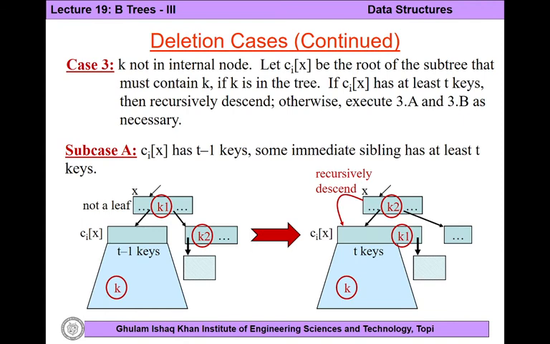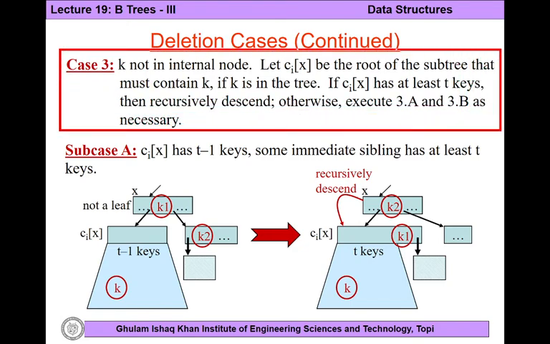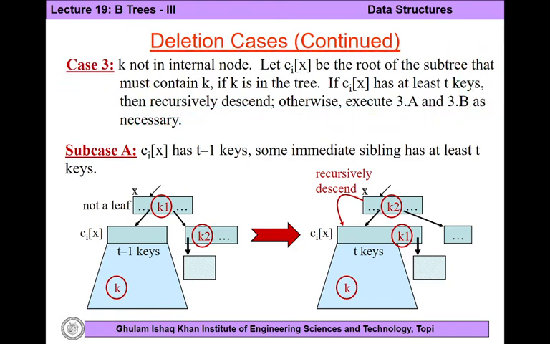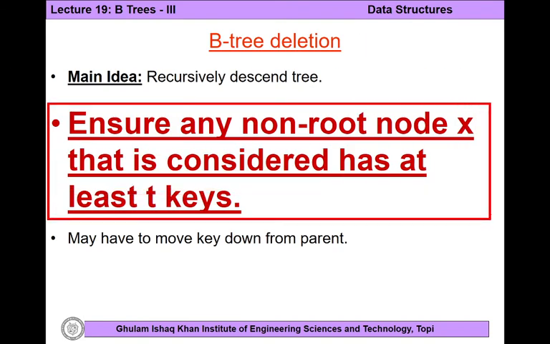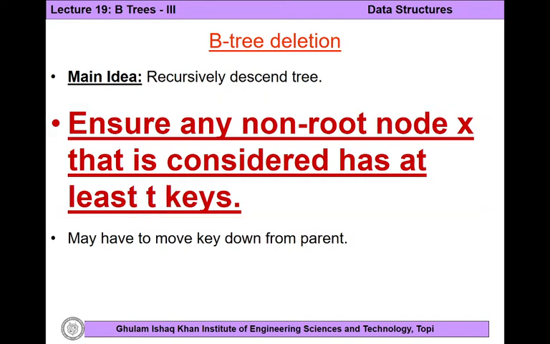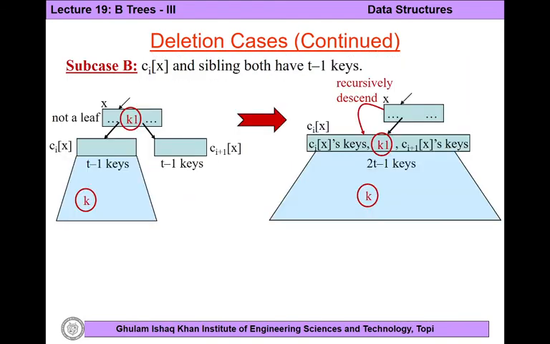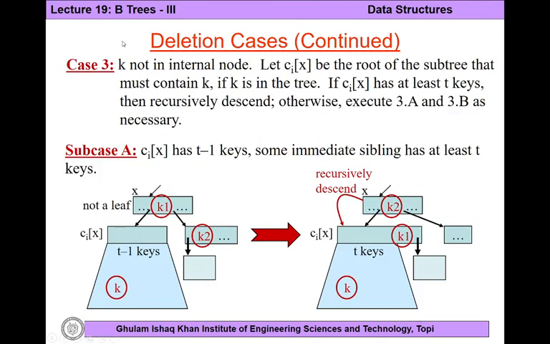Now the third case is not specifically about the deletion of any node in the B tree, rather it is about this condition: while we descend in a tree in search of a key to be deleted, we need to make sure that every node we pass through has at least t keys. Now let me read it out.